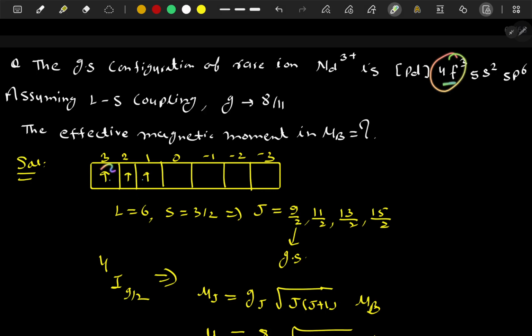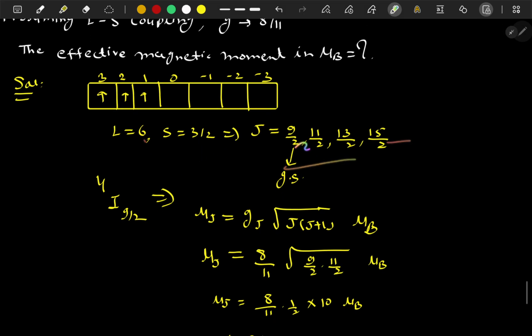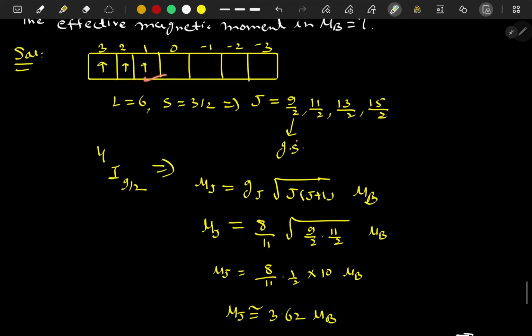So 3 electrons in 4f, and L equal to 6, S equal to 3 by 2. So J will be from L minus S to L plus S: 6 minus 3 by 2 is 9 by 2, then 11 by 2, up to 6 plus 3 by 2, which means 15 by 2. So the ground state, being less than half filled, will be 9 by 2.